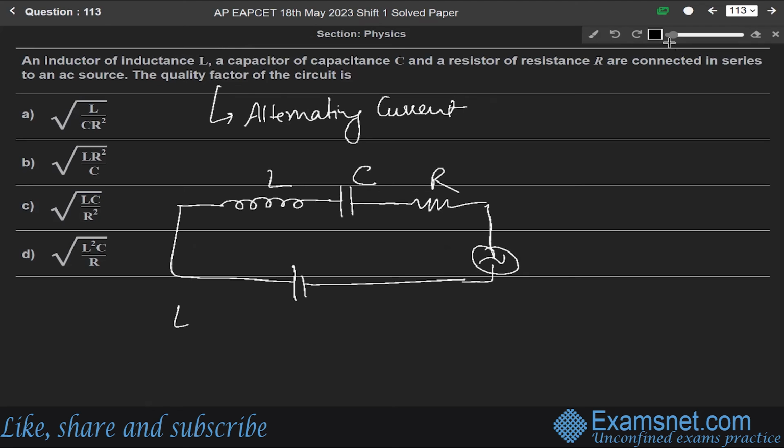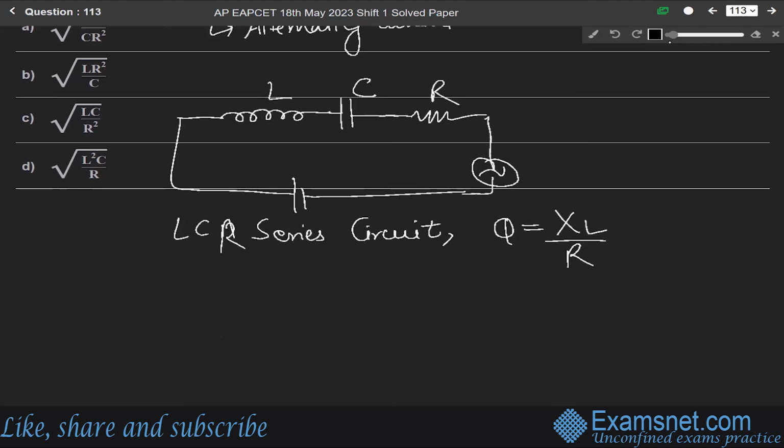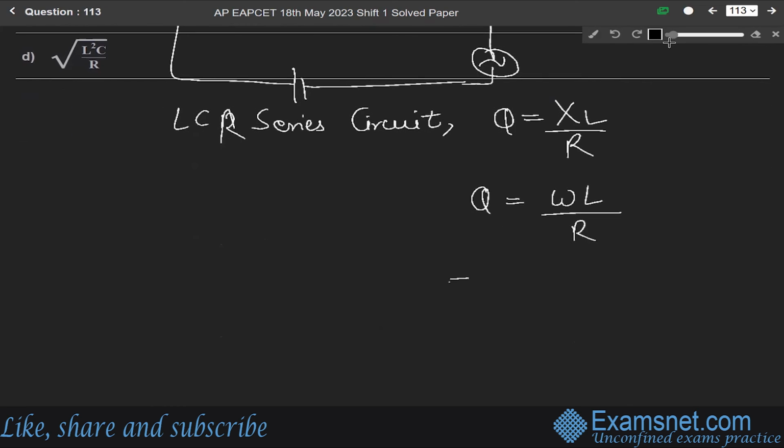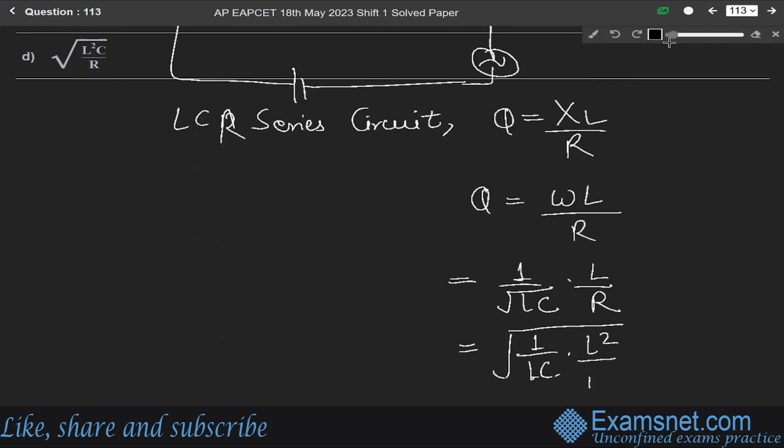We know that in such cases, in an LCR series circuit, the quality factor Q formula is equal to impedance over resistance R. So it will be equal to omega into L over R. We know omega is 1 over under root of LC, into L over R. So we can write it as 1 over LC into L square over R square.